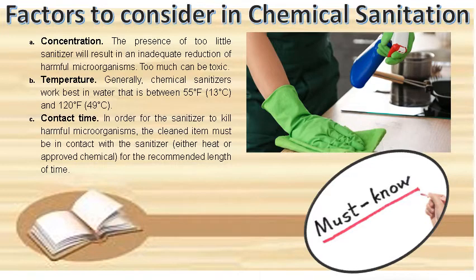Then the last one is the contact time. So how long would the chemical solution or the chemical sanitizer be in contact with the utensils, tools, and equipment in the kitchen.